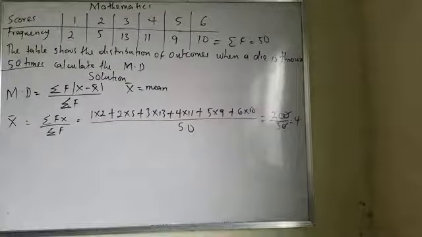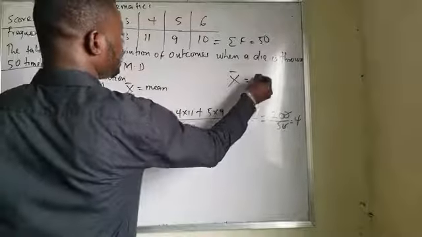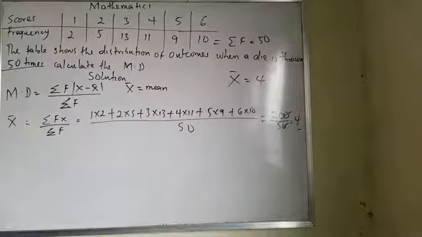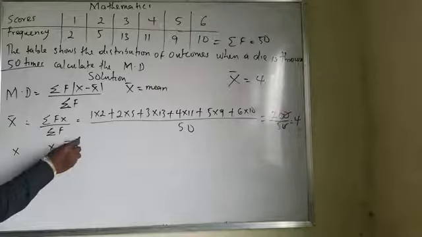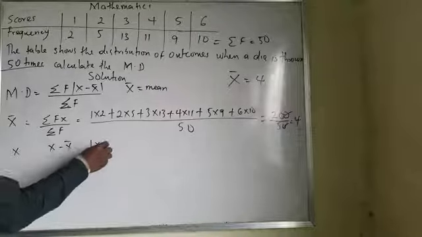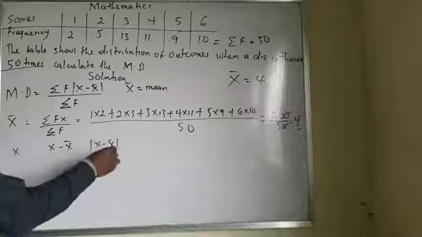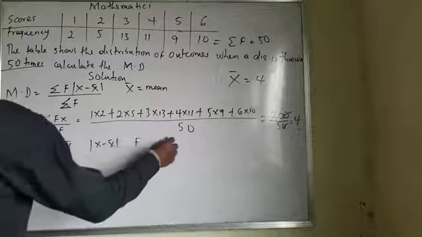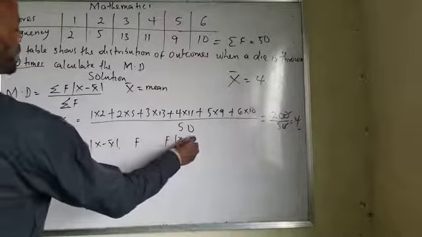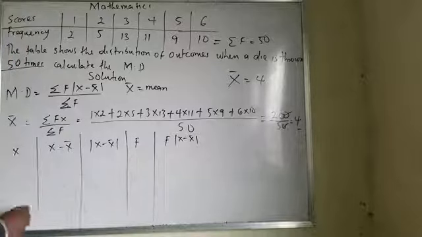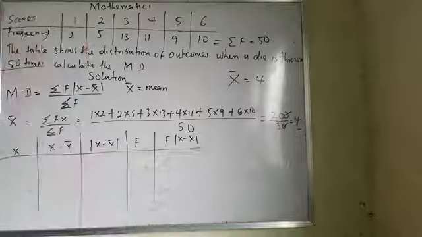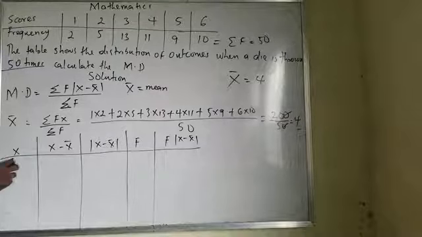Now, I want to prepare my table. Don't forget my x bar equals 4. I will prepare my table having x, x minus x bar, the absolute value of x minus x bar, frequency, and f times the absolute value of x minus x bar. That is what I need at this point. Now, I have x as 1, 2, 3, 4, 5, 6.